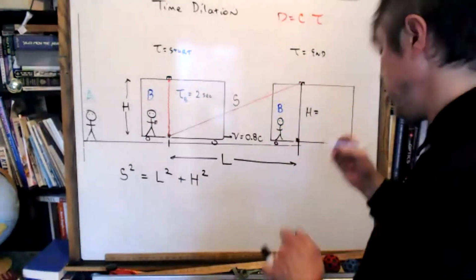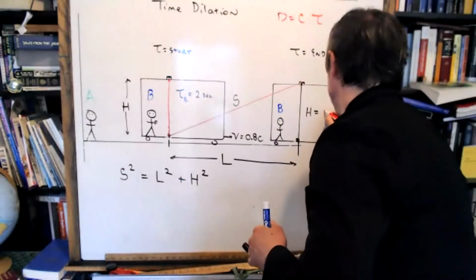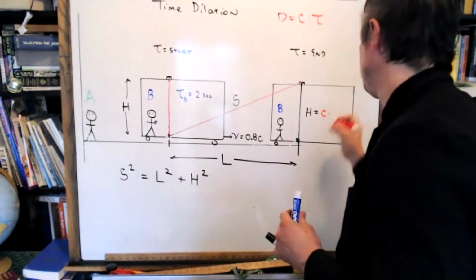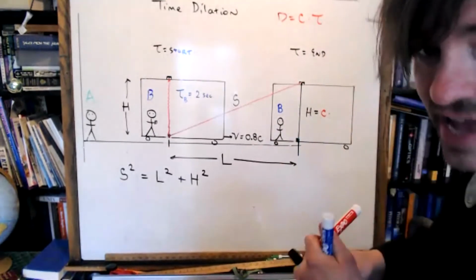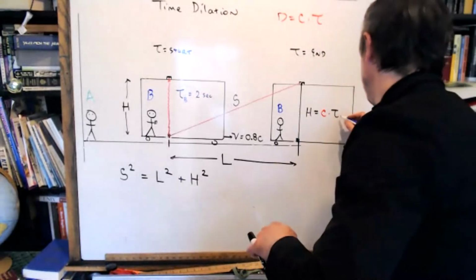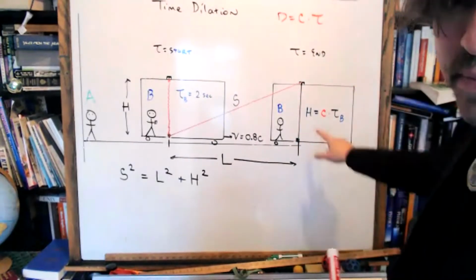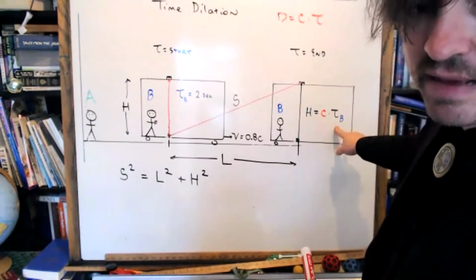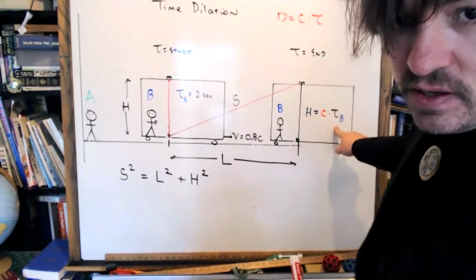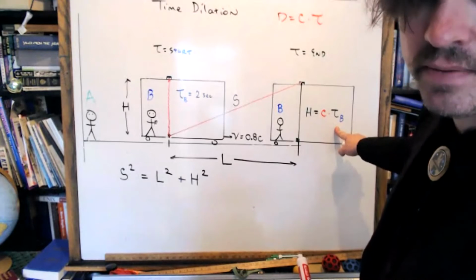So the speed of light, according to Einstein, should be c. That's the velocity. But the time should be B's time, because B is watching the laser travel H from the bottom to the top. So this is distance equals rate times time for the laser beam according to B. You comfortable with that?